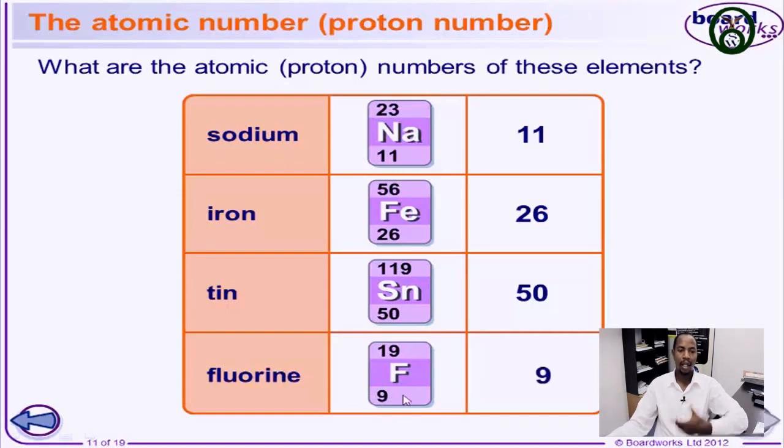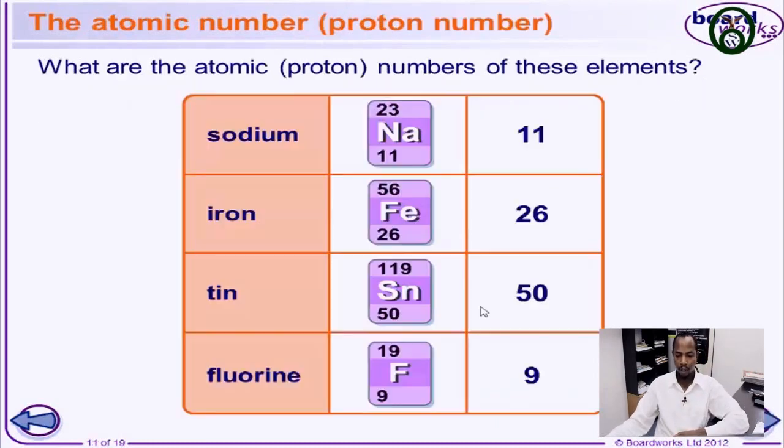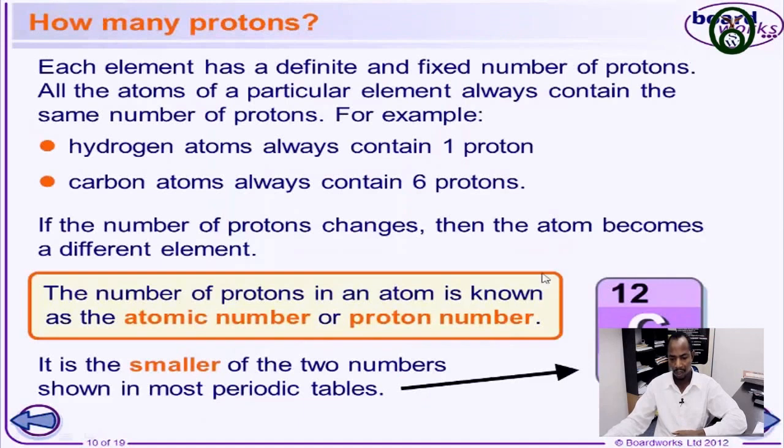Okay, so that's great. Now let's move on to what the mass number is. Now we understand the atomic number, because we've used these two concepts to explain the atom. If you take a look at this carbon atom, the bottom one, on the left side, is the atomic number, which is the number of protons.